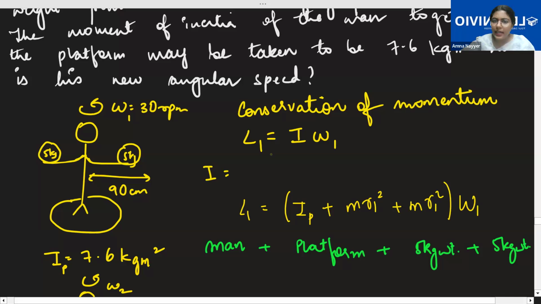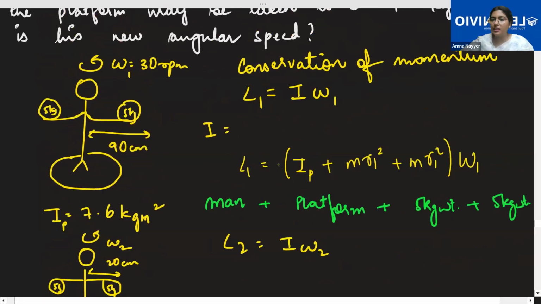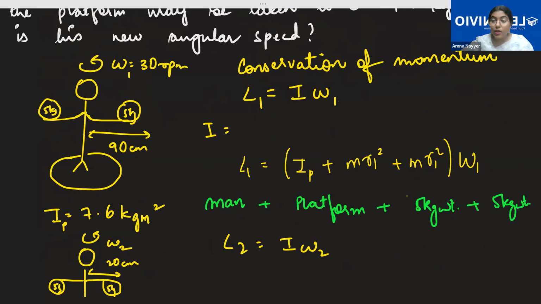Break it like this. We need L1, that is I omega 1. Similarly, here we need L2, which is equal to I into omega 2. We just need to equate, but we have to calculate the moment of inertia. These are the 4 things that are present with us. So man plus platform is already given to us, which I have written as IP, 7.6.